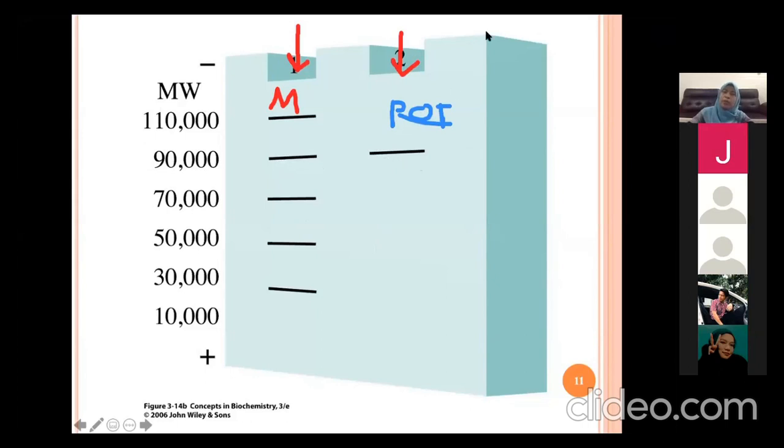If your protein of interest stops somewhere in here, what do you think the size will be? You can type in the chat room. 40,000. Okay, 40,000.